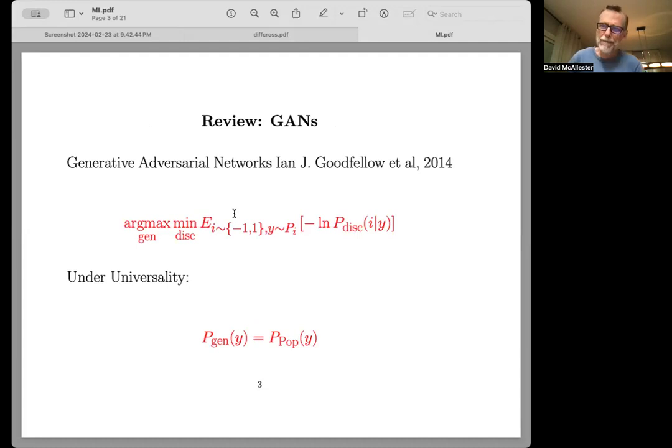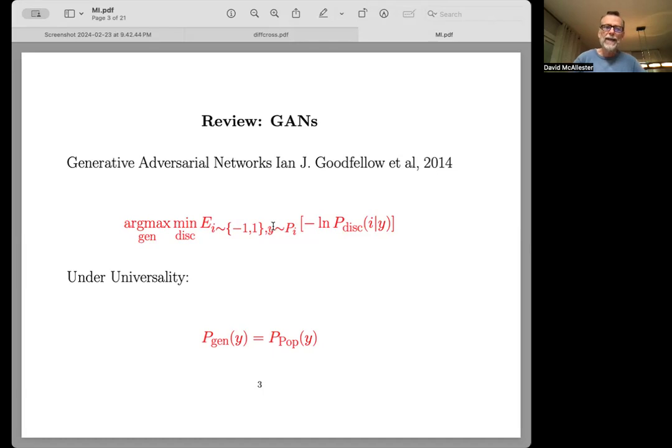Here's the second basic objective function of deep learning. And this goes back to 2014, so 10 years old. This is a generative adversarial network, a GAN. So in a GAN, we have a population distribution we can draw from, and we have a generative model that we can also use to generate images.